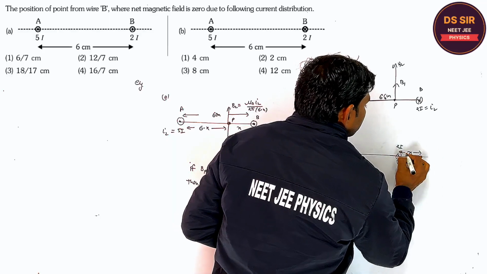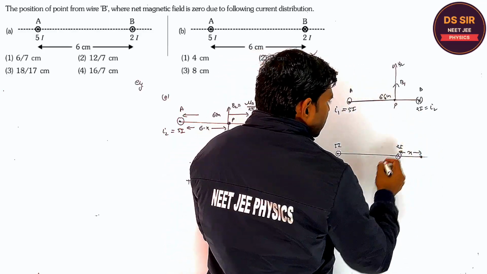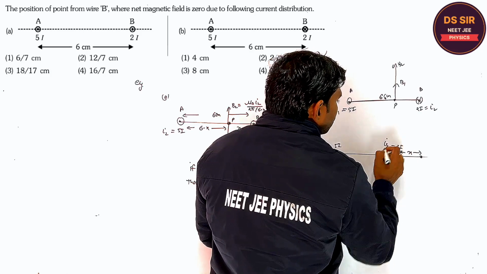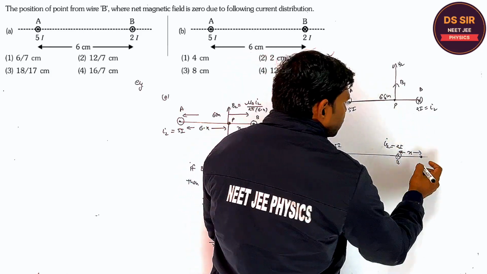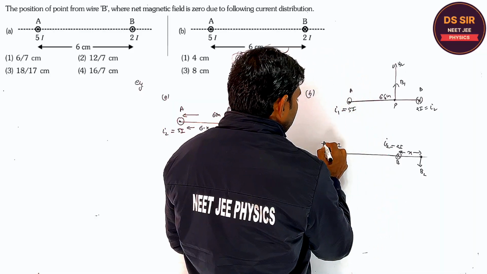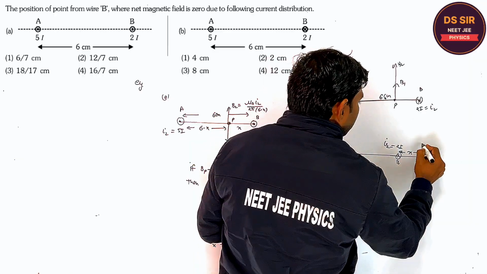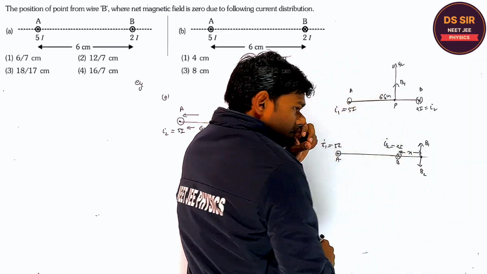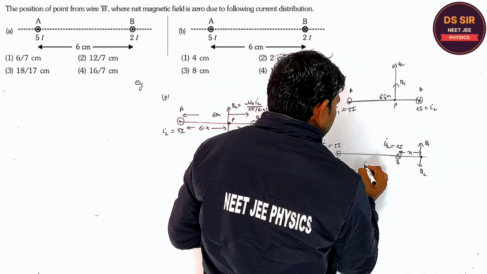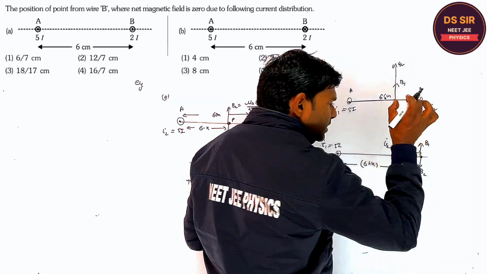Why is it so? Listen one thing. Because of this wire, suppose this is I2, the magnetic field is downward, and because of the other, the magnetic field is upward. And this distance is 6 plus x, and this distance is x.